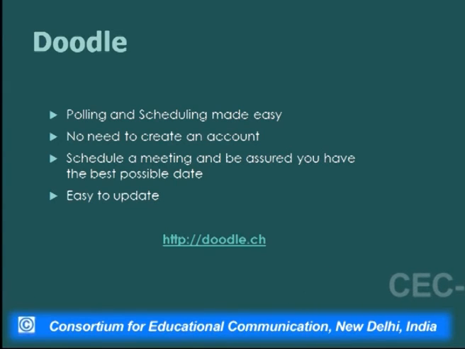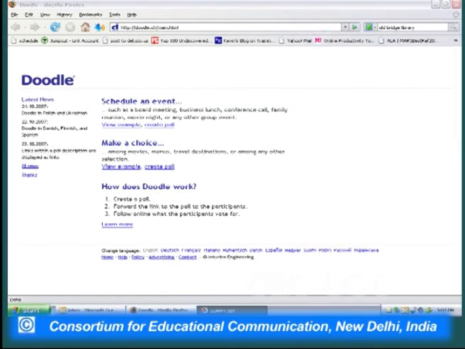In this case, you have to go to doodle.ch. You will find here Doodle, the latest news, schedule an event, view an example. You can create different polls, make a choice among movies, menus, travel destinations, or any other sections.